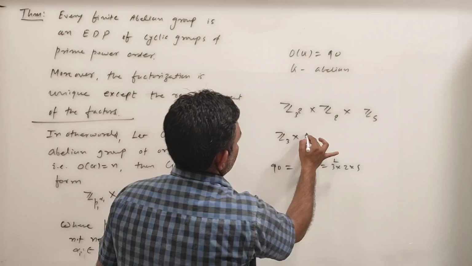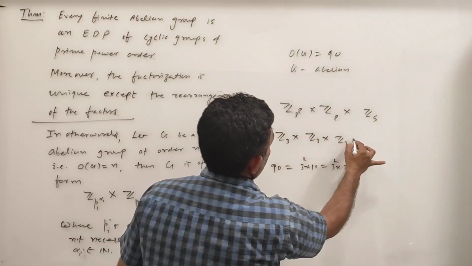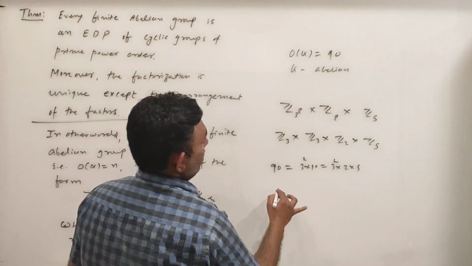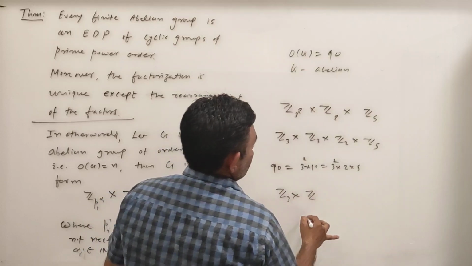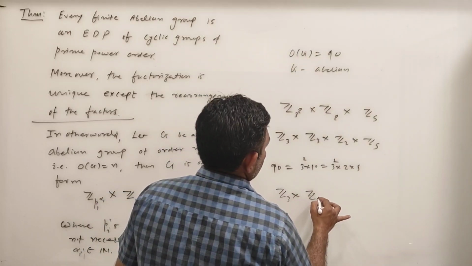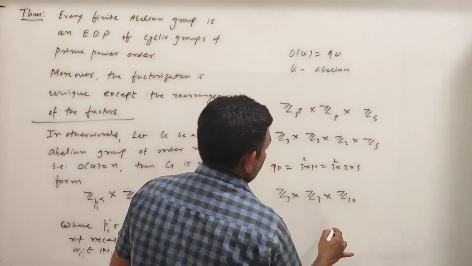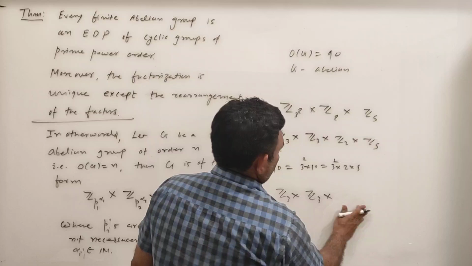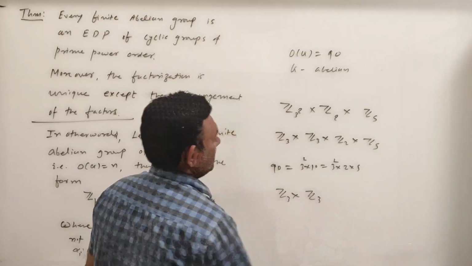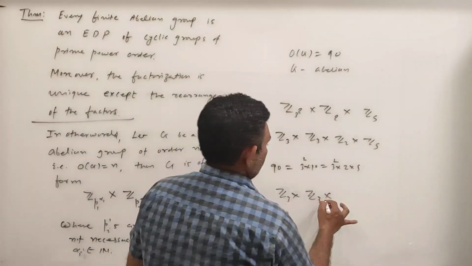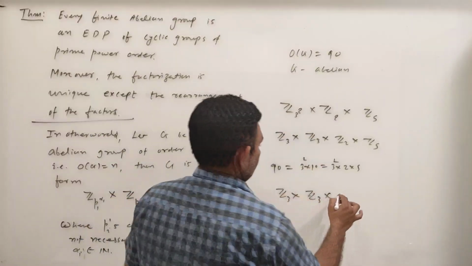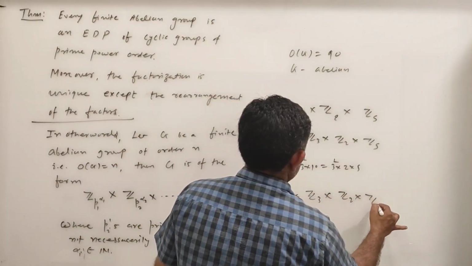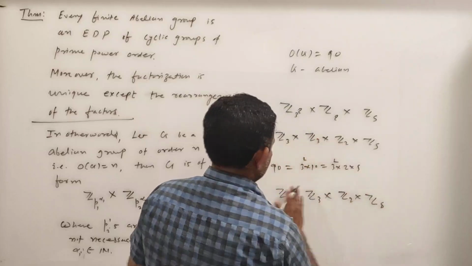You can say Z3 cross Z3 cross Z2 cross Z5, or you may have Z3 cross Z3 cross Z10. Sorry, not Z10, because 10 is what? It is not a prime raised to power, so it is Z2 cross Z5, so it is the same one, right?